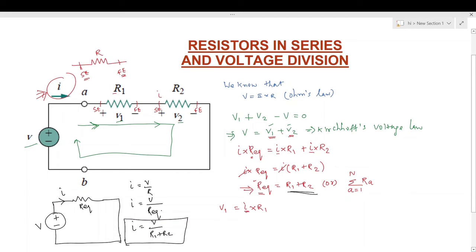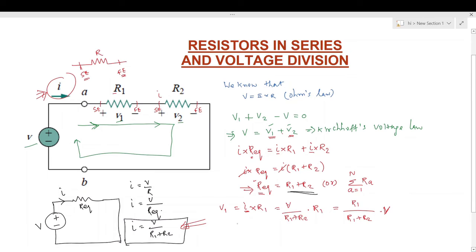The value of I can be replaced with this value. Okay, so if I am replacing this I with V divided by R1 plus R2 into R1. Now if we move all the resistor values to one side, then we will get R1 divided by R1 plus R2 into V.